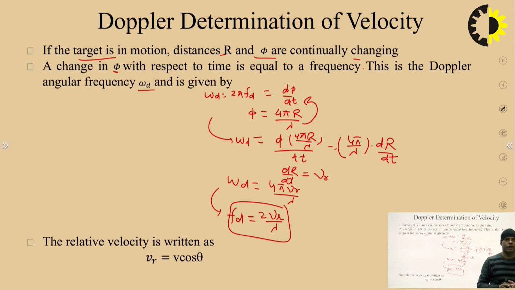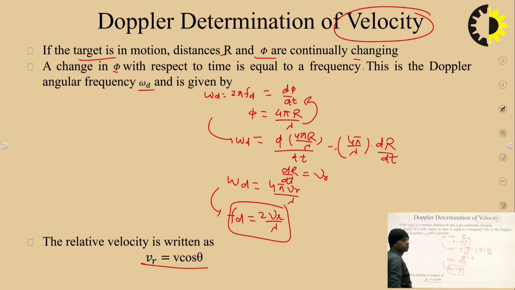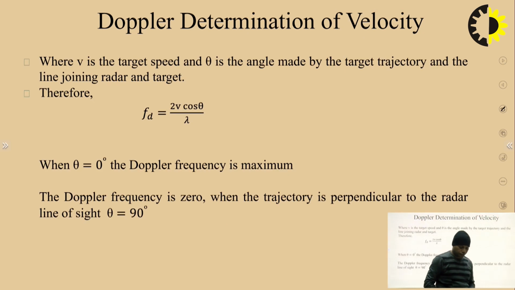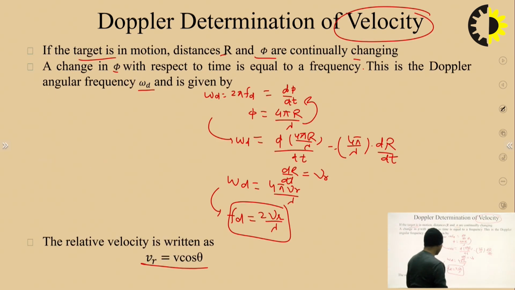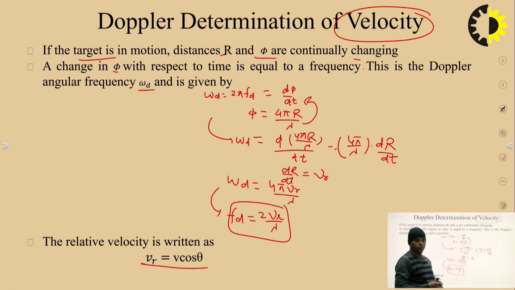In this way we can now find out the value of this velocity with the help of the Doppler frequency. The relative velocity is given by VR is equal to V into cos theta. Here FD is the Doppler frequency shift in hertz, and VR is the relative velocity of target and radar. Then lambda is the wavelength here.